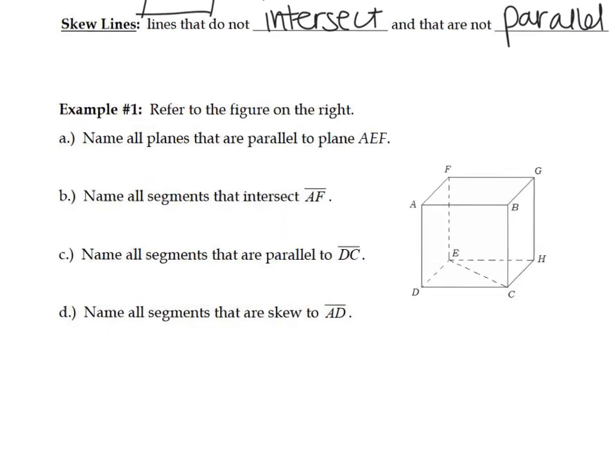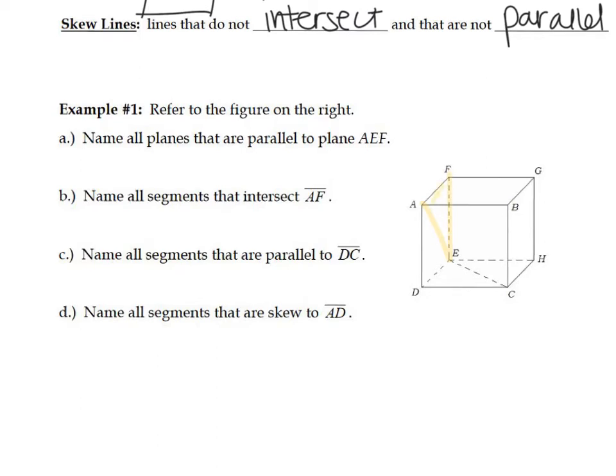So in our first example, we're going to use this picture of a cube. We want to name all planes that are parallel to plane AEF. So we want to identify that plane first. So say plane AEF. Remember, a plane contains 3 points that aren't collinear.